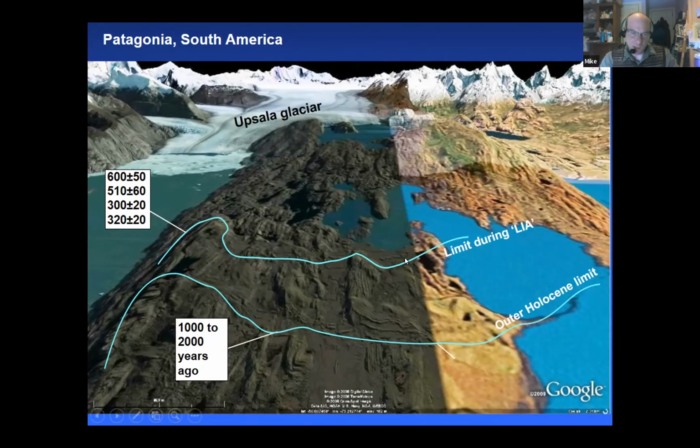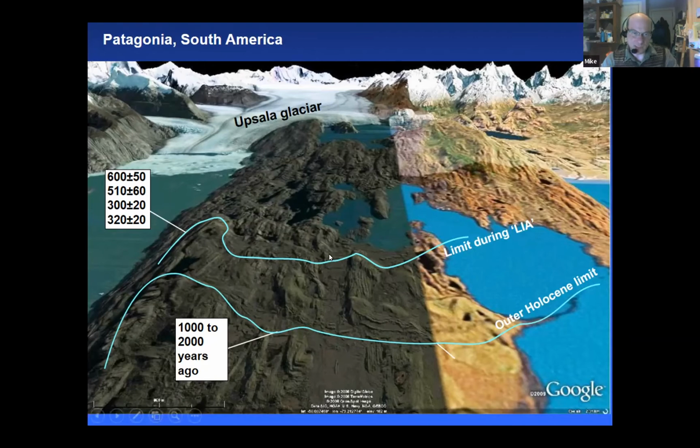Along this blue line and within it, there are various boulders and sediments, similar to what we find around Central Park, boulders left by glaciers. And I have a way of determining when the glacier left those boulders on the landscape, when it was much bigger. These are the ages, 600 years, 500 years, 300 years, when the glacier would have left a boulder near that blue line.